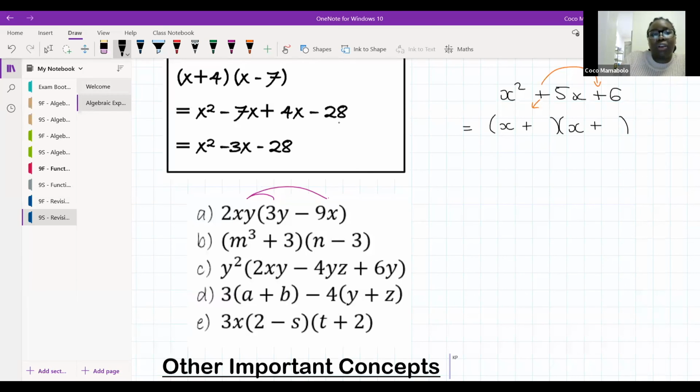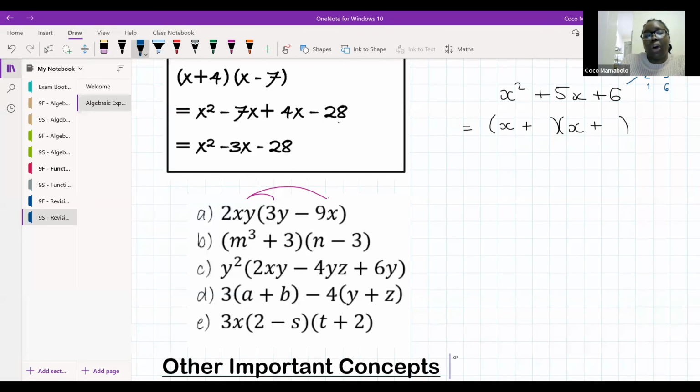Good. Now, give me factors of 6, Nape. Which numbers, when multiplied together, give us 6? 2 times 3. Good, and what else? 1 times 6.